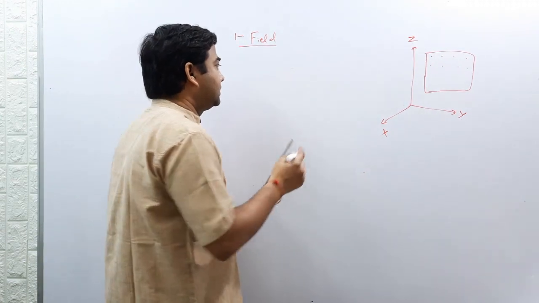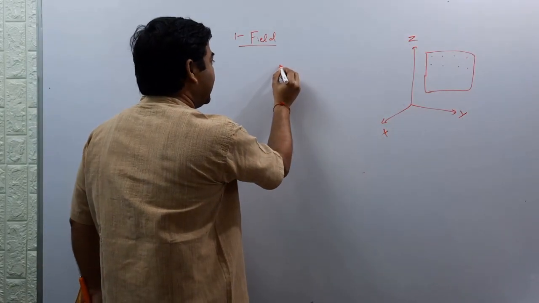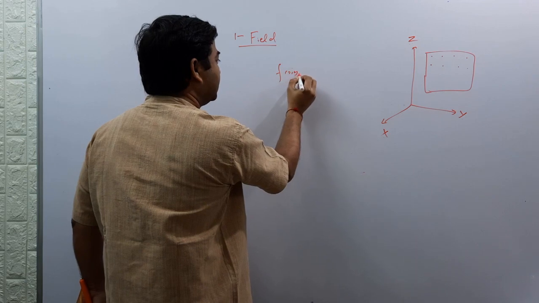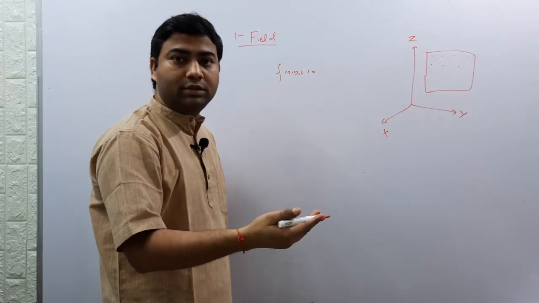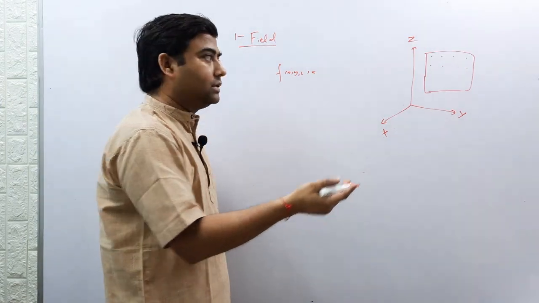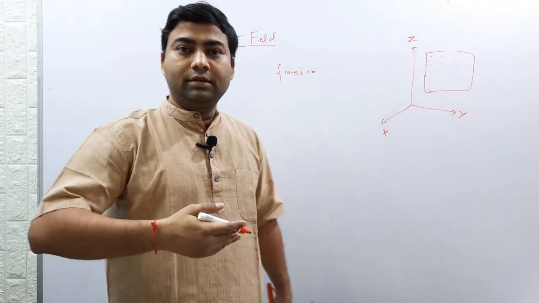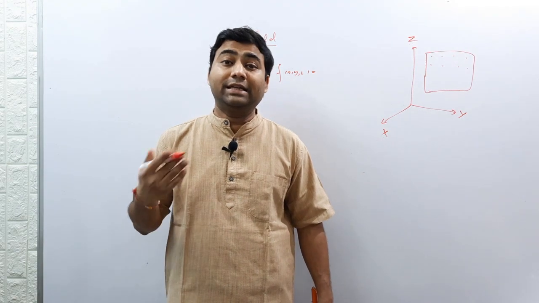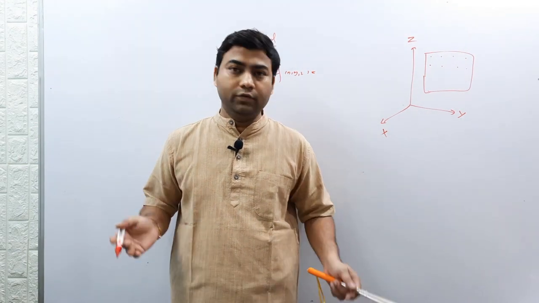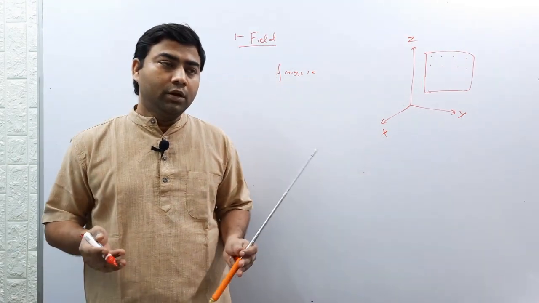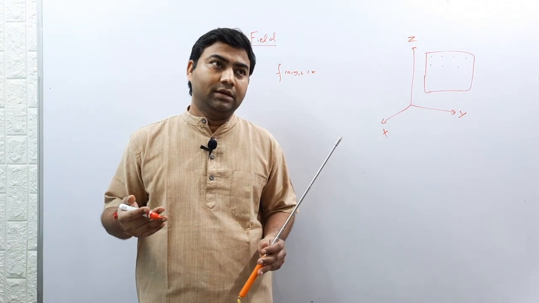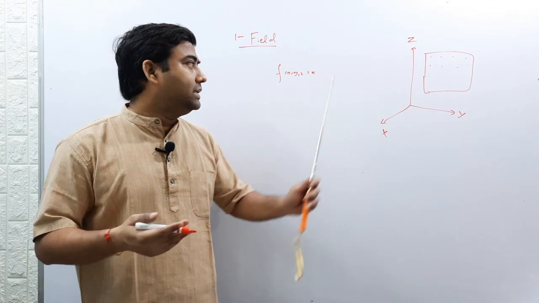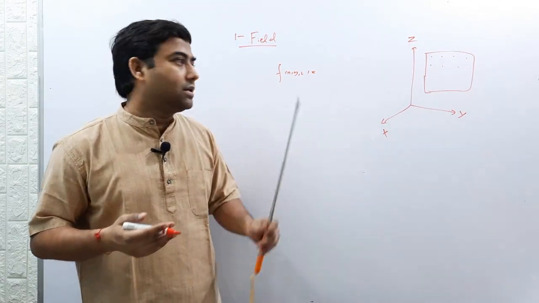For example, at point x, y, z, vector fields like force, velocity, magnetic field, gravitational field, electric field. These are all, we know, vector quantities. So these physical vector quantities are represented in three-dimensional space.